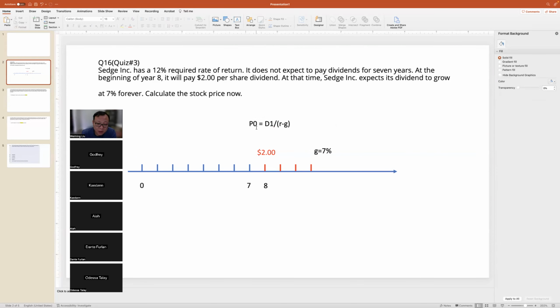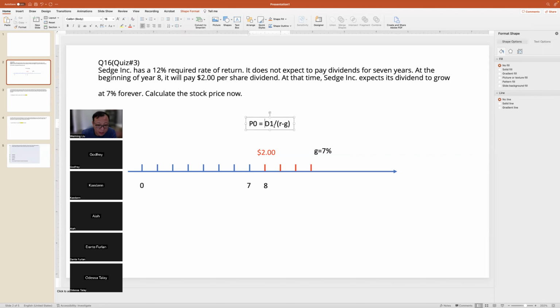In this question, the first dividend is $2 at year 8.